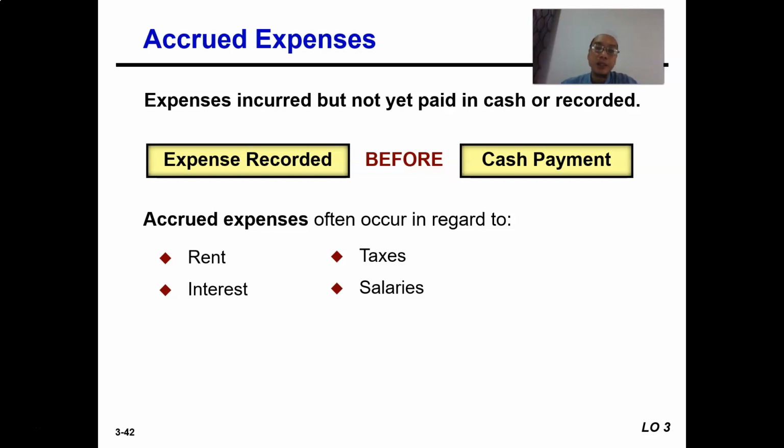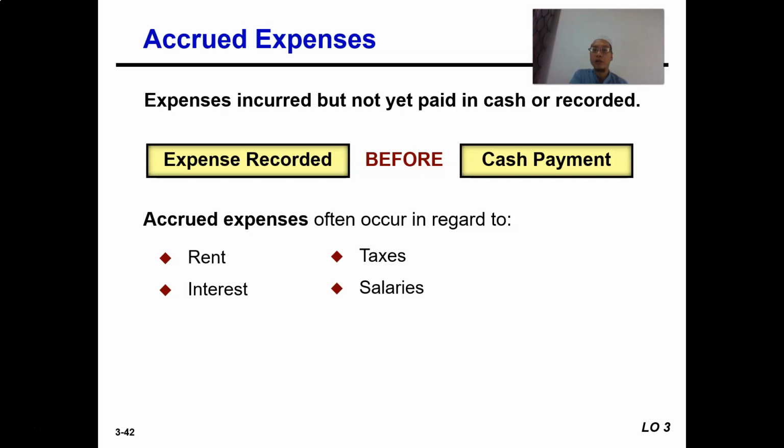The other category of accrual is accrued expense. We have looked at accrued revenue: we have done the service, but we have not received the money. But now we look at accrued expenses. We have incurred the expense, but we have not paid the money. Examples include rent. We have stayed at the place, but we have not paid the rent.